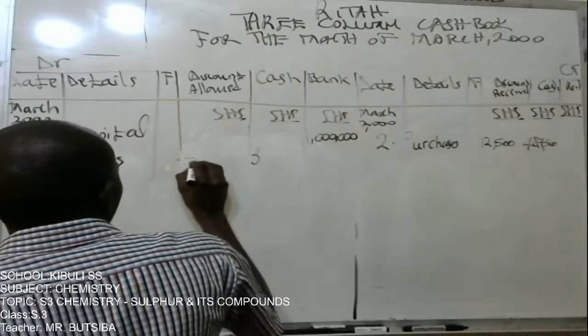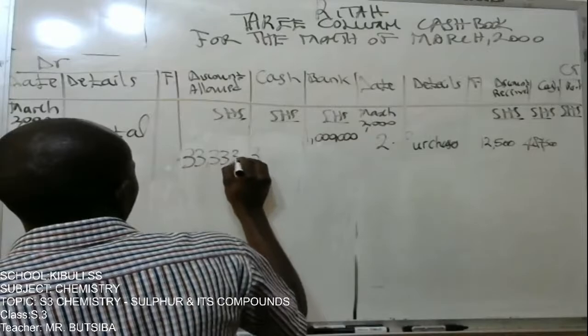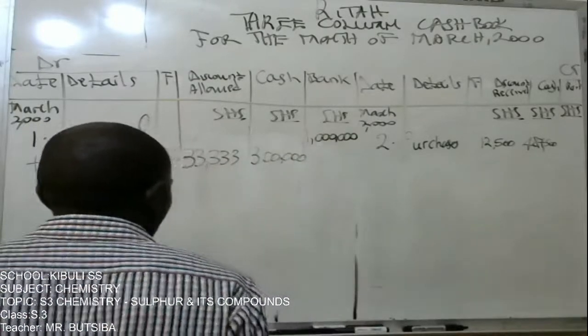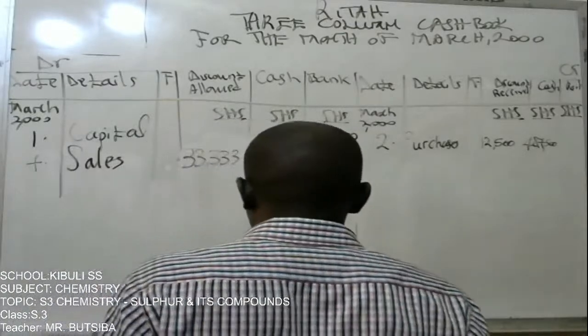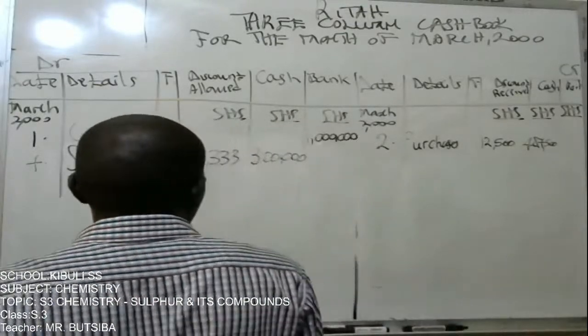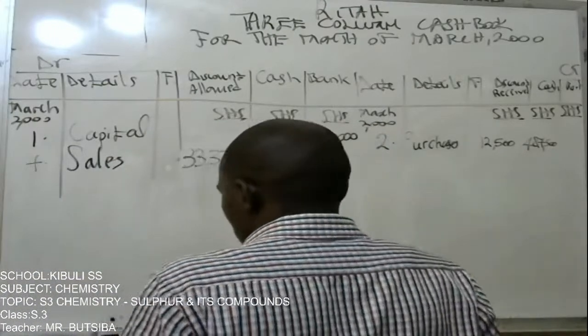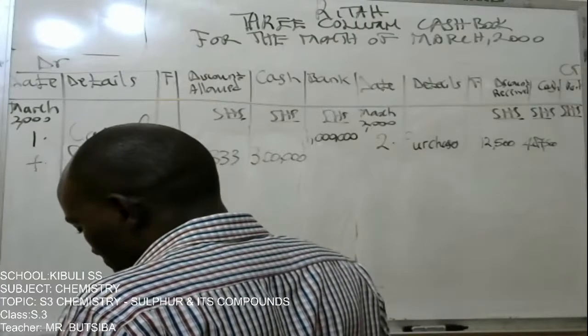This was the original. Then the actual amount received, 300,000. So that when you add that to the discount, you go back to 333,333. Okay. Let's move on. You can now move on to the next transaction.